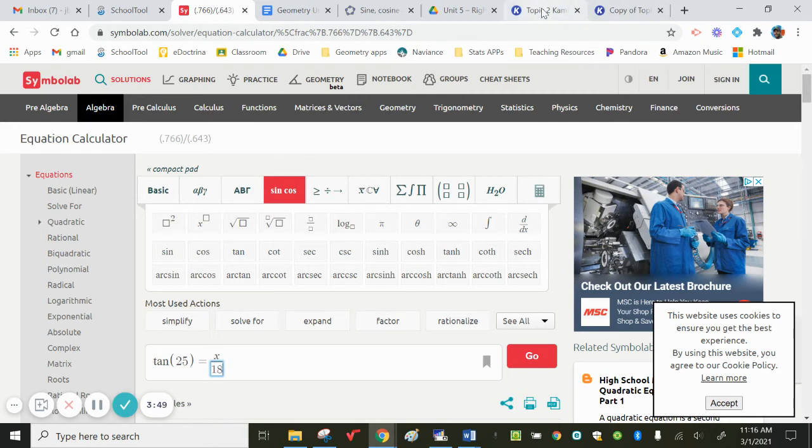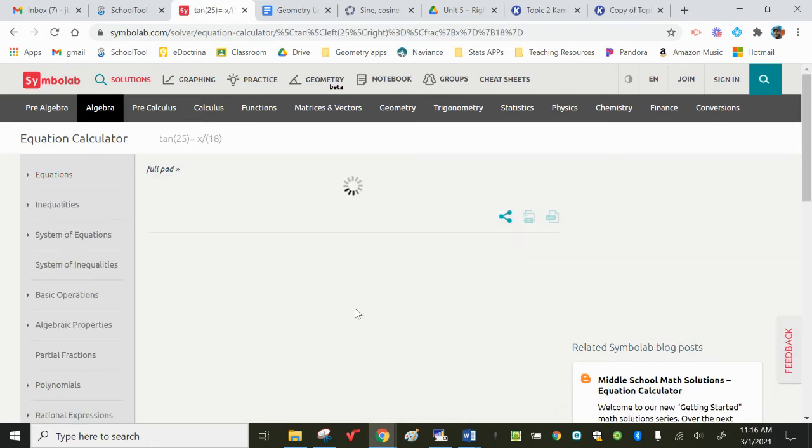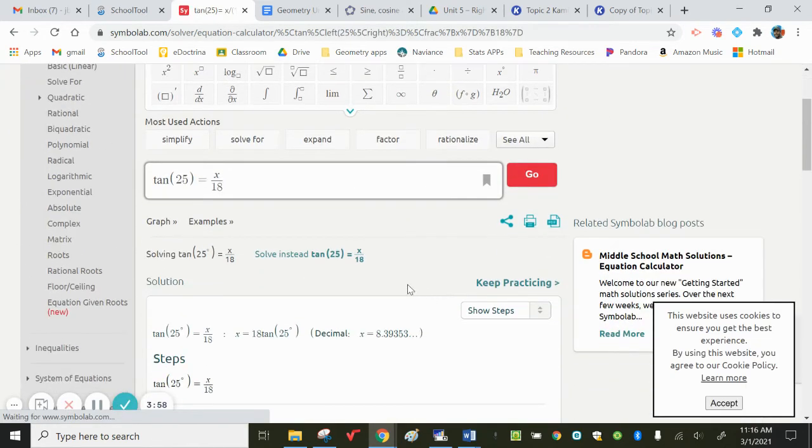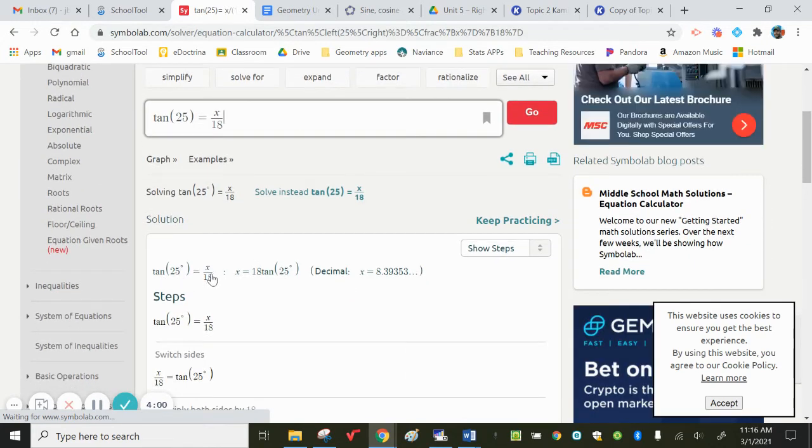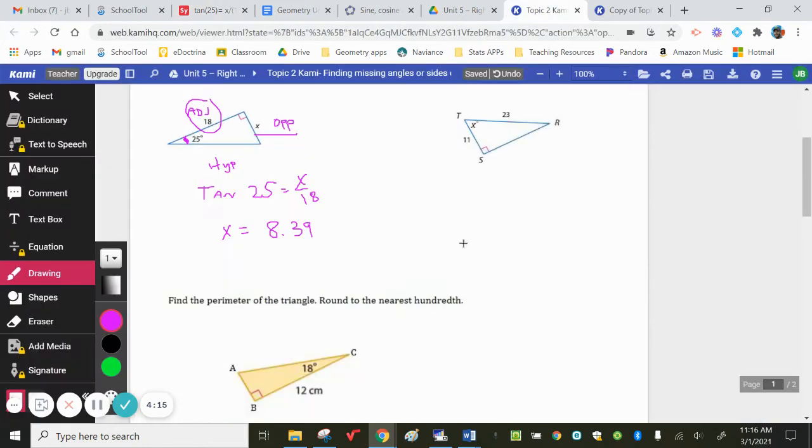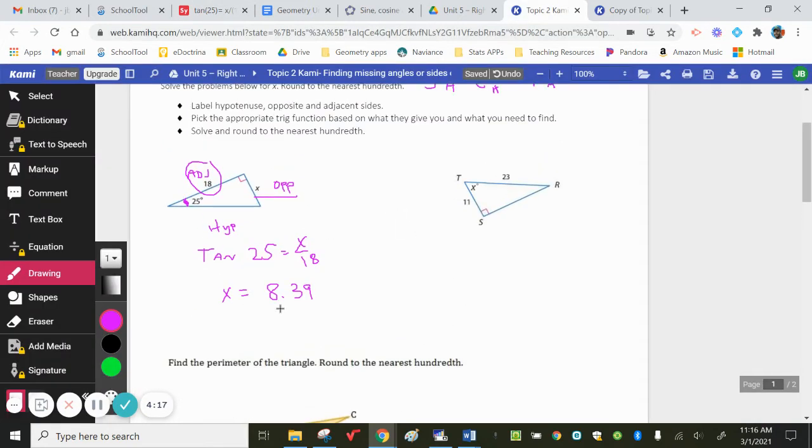I'll hit go, and it'll tell me what the length of x must be. If the tangent of 25 is x over 18, then as a decimal, x is 8.39353... Depending on how I want to round, I believe I want to round to the nearest hundredth. That's 2 decimal places, so 8.39. Okay, so x is the length 8.39.